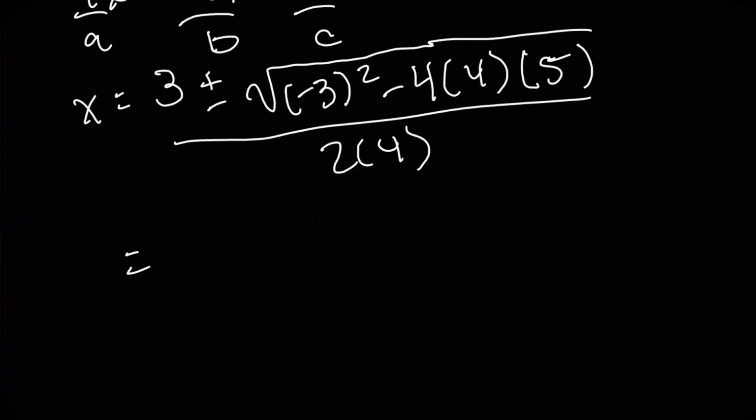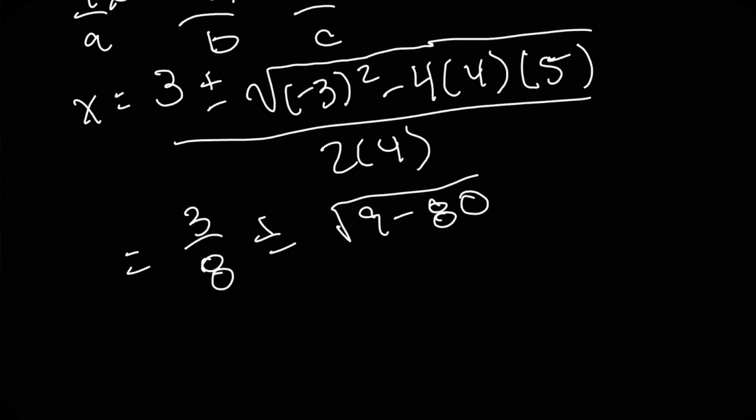Okay, so simplifying this, we will have 2 times 4, which is 8, so 3 divided by 8, plus or minus the square root of 9 minus 80 divided by 8. And if you notice, we're going to end up with an i underneath the square root, so let's just be mindful of that.